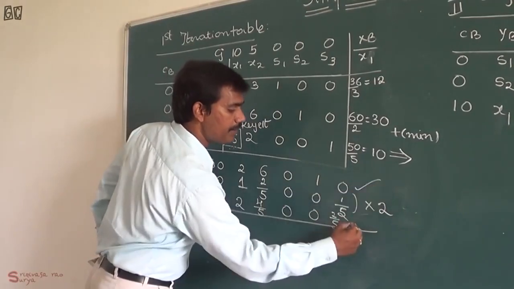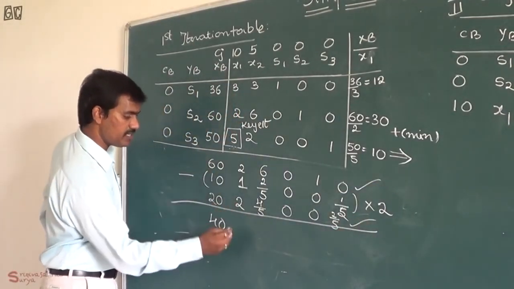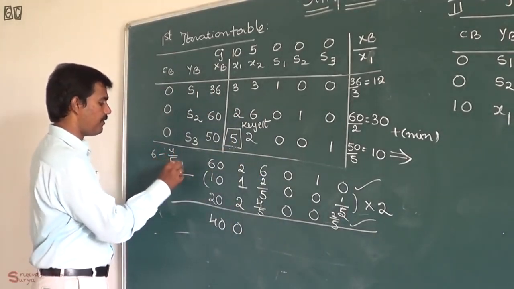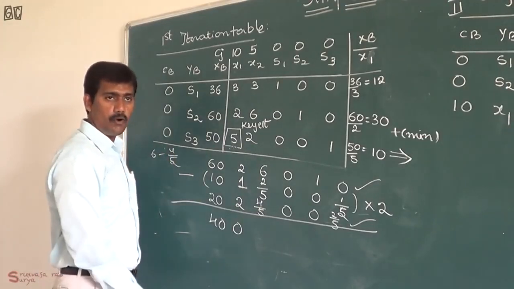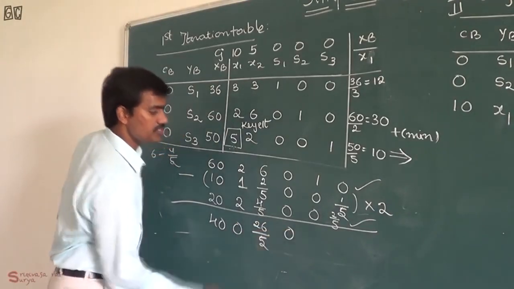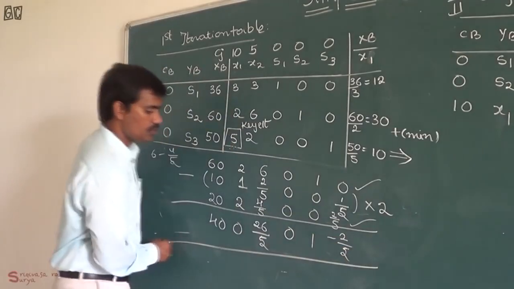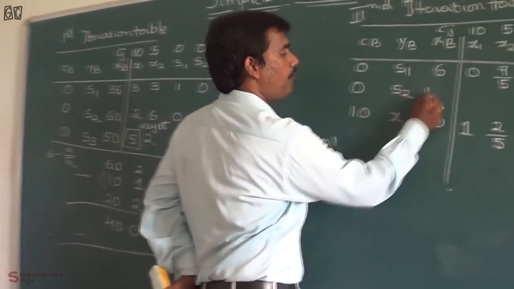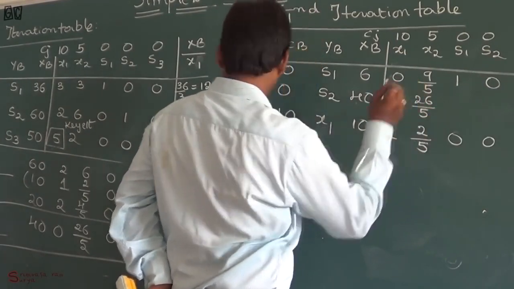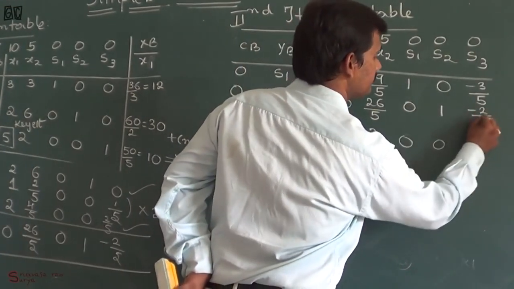Now I am going to subtract these two. 60 minus 20, that is 40. 2 minus 2, that is 0. 6 minus 4 by 5, that is 30 minus 4, that is 26 by 5. 0 minus 0, 0. 1 minus 0, that is 1. 0 minus 2 by 5, minus 2 by 5. So I am going to write here, that is 40, 0, 26 by 5, 0, 1, minus 2 by 5.